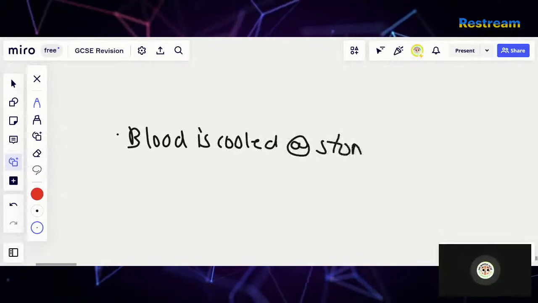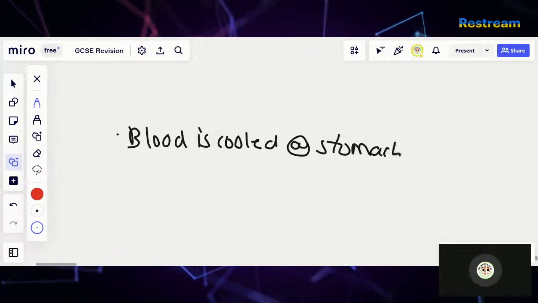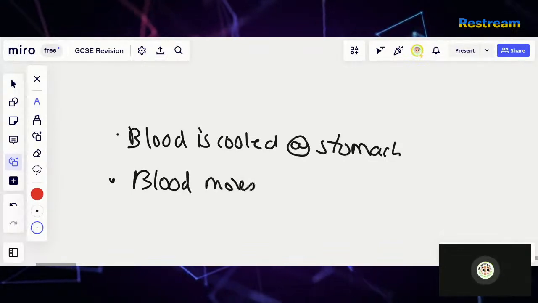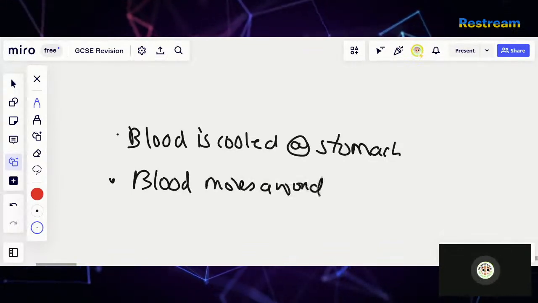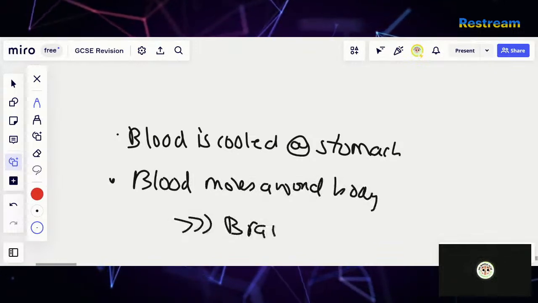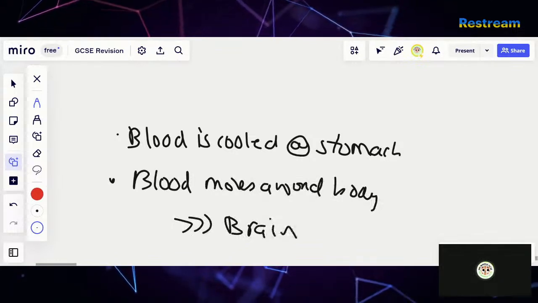The water goes into the stomach, and your blood is equally cooled there, and then the blood moves around the body, and in this case to the brain, and cools the temperature near the brain.